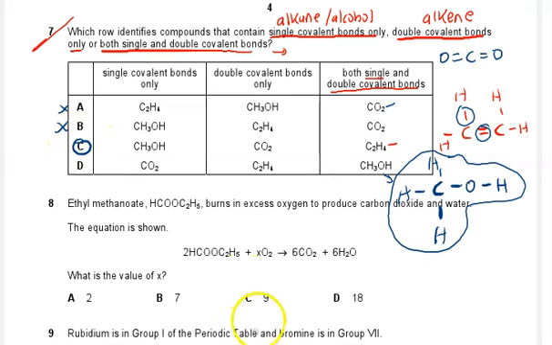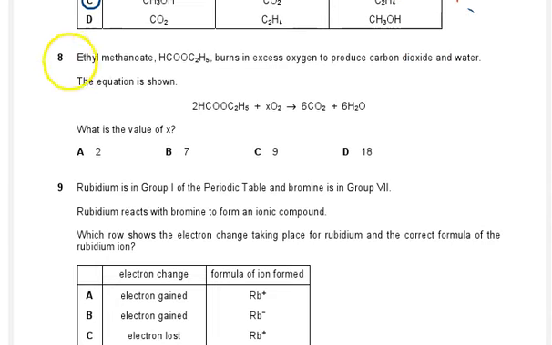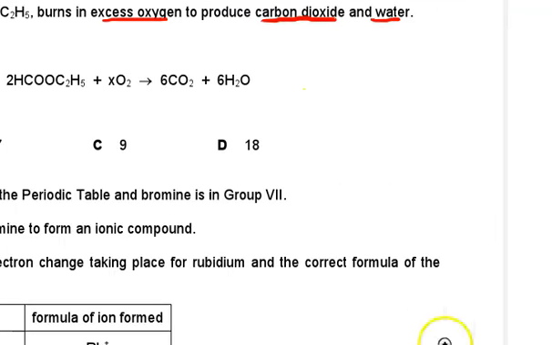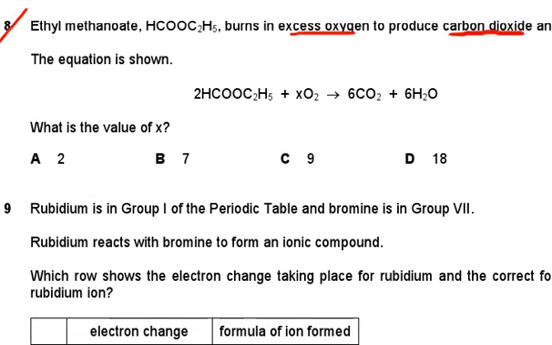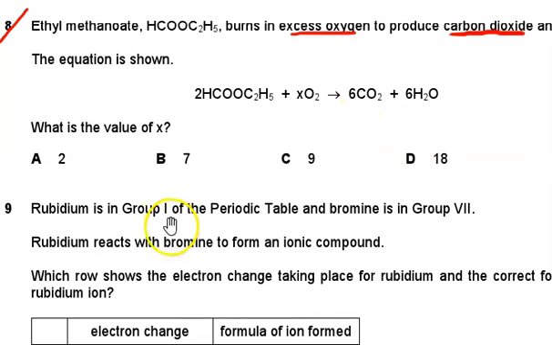Now let us move to the next question. Number 8. Ethyl methanoate is an ester. It burns in excess oxygen to produce carbon dioxide and also water. This is the equation. Let me make it bigger. To find the X, the number of oxygen here will be 6 times 2, you get 12, and here will be 6.